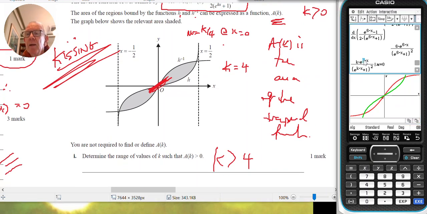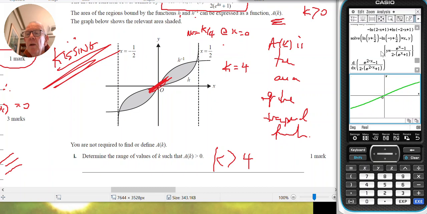Just to confirm that, if k equaled 2, and that was equal to 2, I'll press X, then I'll go and pick this up, 2 and 2, and I then analysis sketch the inverse. There is no trapped area. Zoom out.